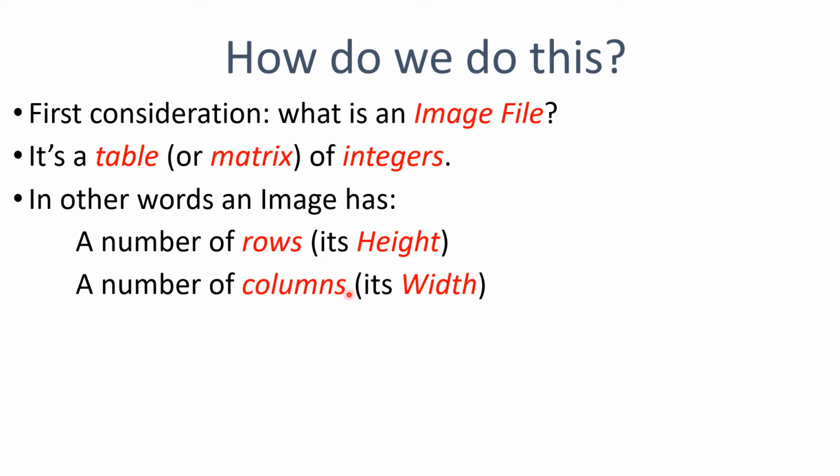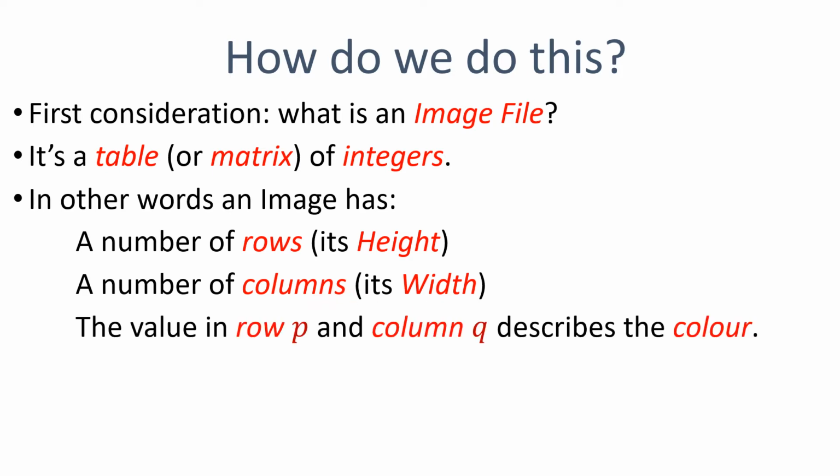It is some number of columns, the width of the image, and the value in any given row and column. That's just describing the color that that particular pixel should take when the image is displayed.